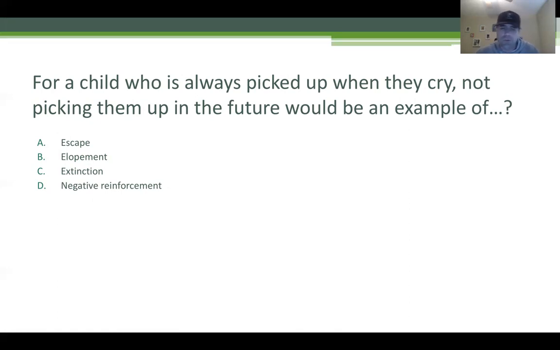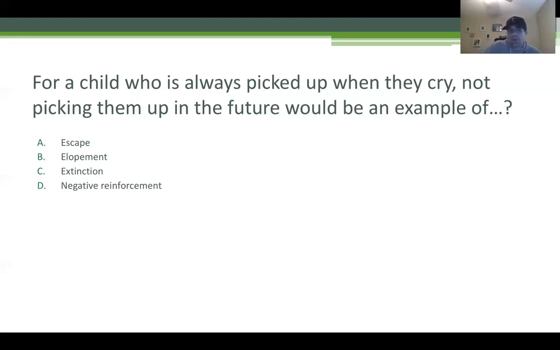Okay. D, negative reinforcement. What is negative reinforcement? It's when you take something away to increase behavior. Interesting. So if this question was to say, for a child who is always picked up when they cry, not picking them up increases crying, or not picking them up in the future increased crying. Okay, so what are we taking away?